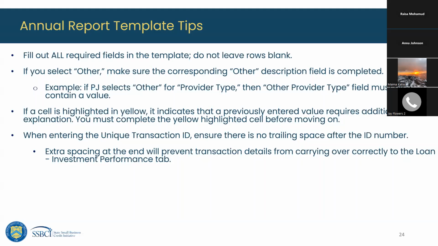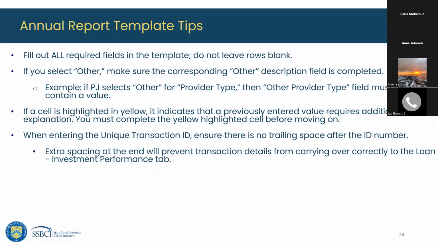Okay, so when entering the unique transaction ID, make sure there's no space at the end of the transaction ID number. This is important because if there is an extra space at the end of your unique transaction ID, the template is going to have an issue transferring that transaction to the loan investment performance tab. So just make sure there's no extra space at the end.